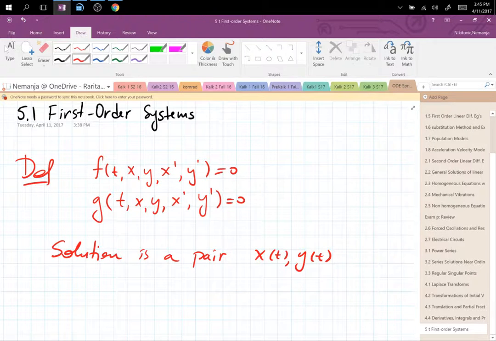So you can be provided with initial conditions as well. That also goes into the mix. And I want to take a look at some of these equations.